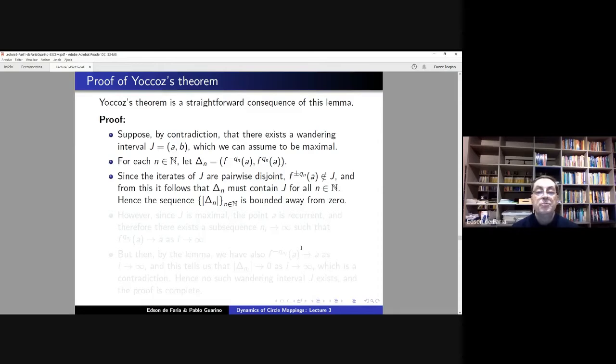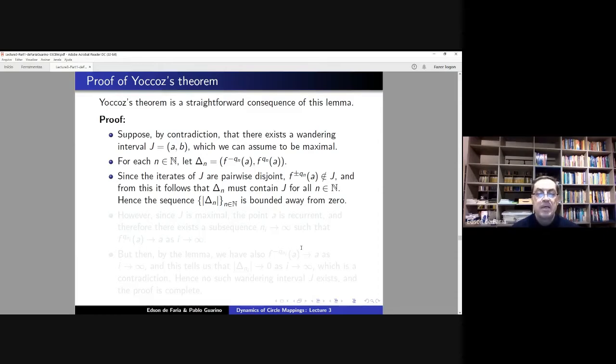So these points cannot be in J, okay? And from this, it follows that this interval delta sub n must actually contain J. FQN of A and F minus Qn of A lie outside of J, and J is right next to A, A being one of its endpoints. So J has to be inside this delta sub n.